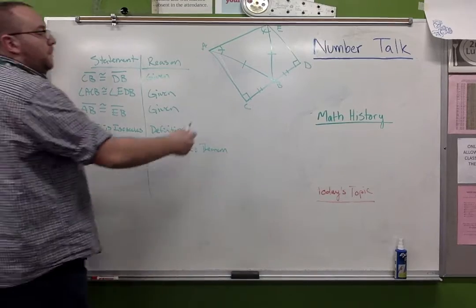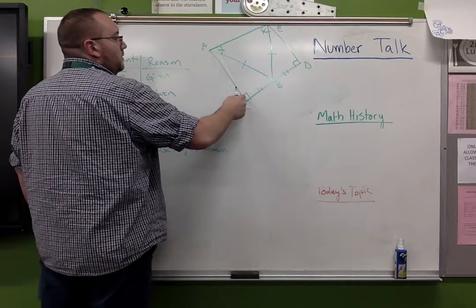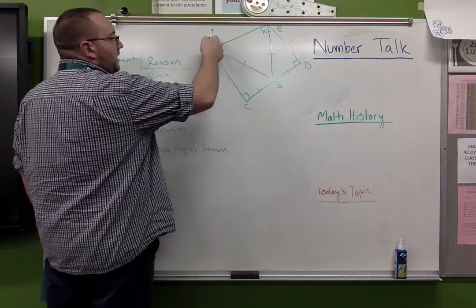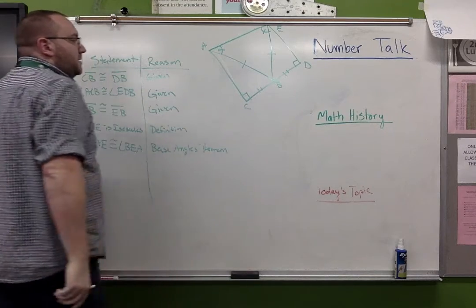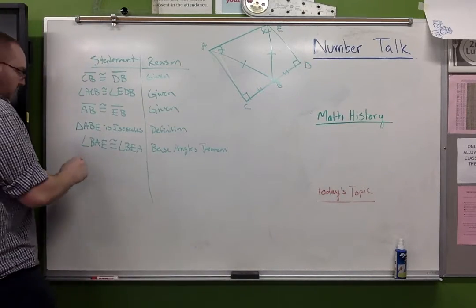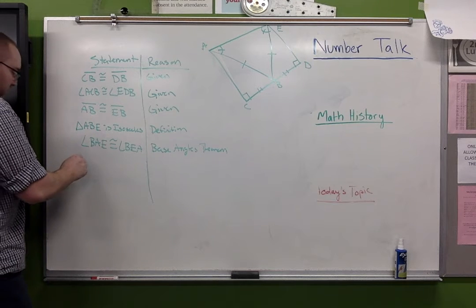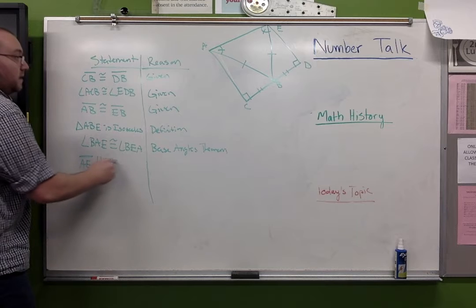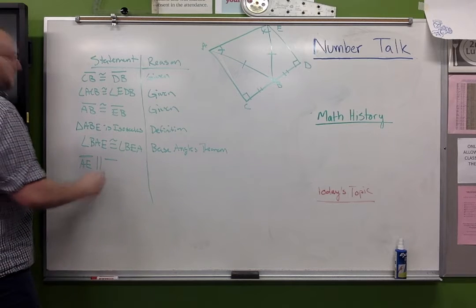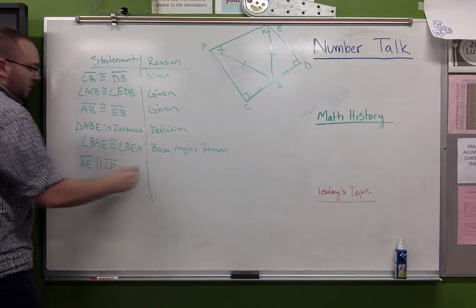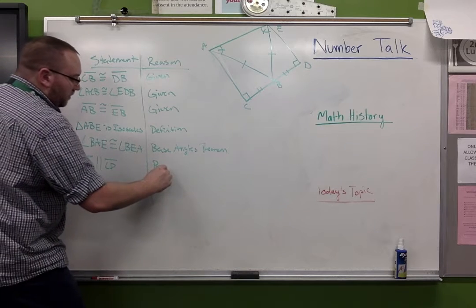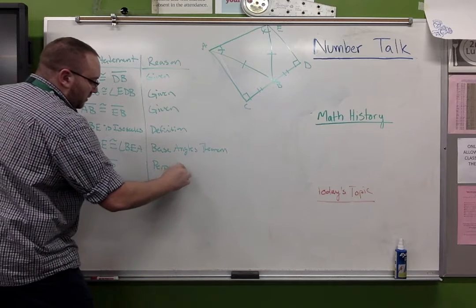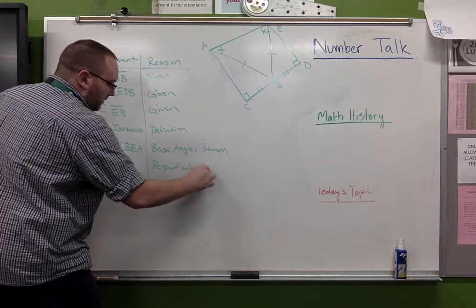Now, once again, these are perpendicular, right? That means that AE is parallel to CD. So line AE is parallel to line CD by perpendicular lines.